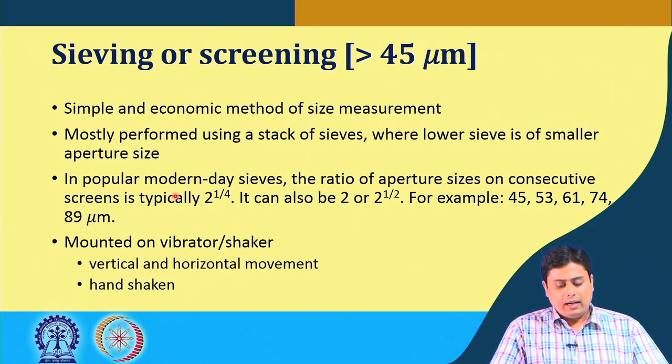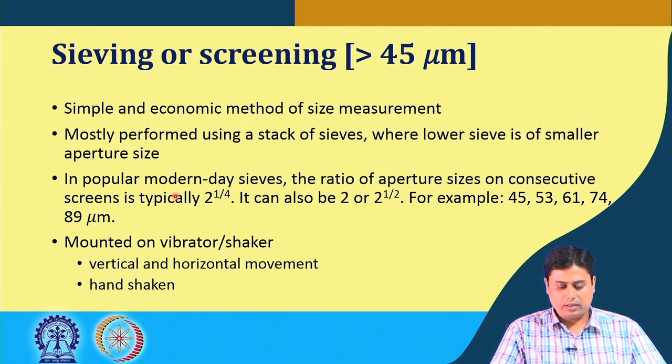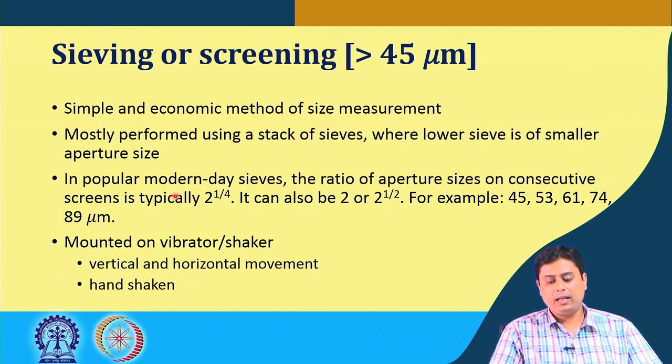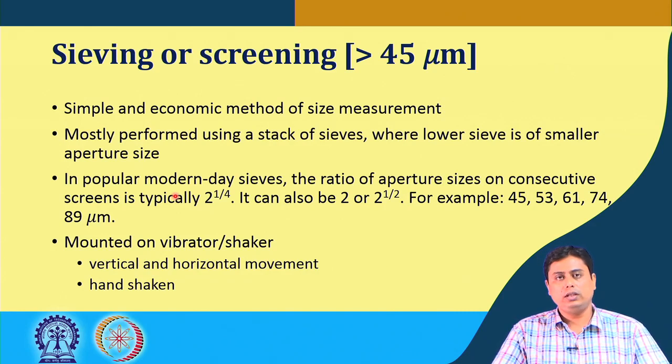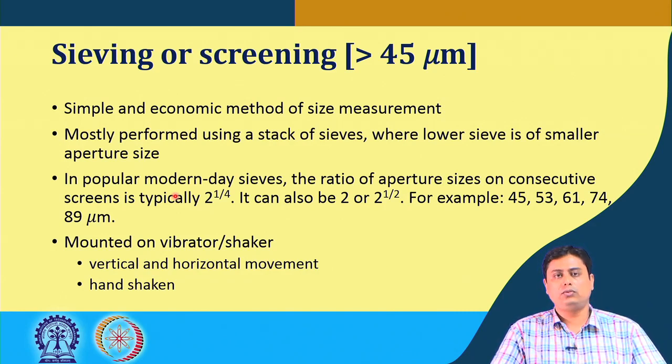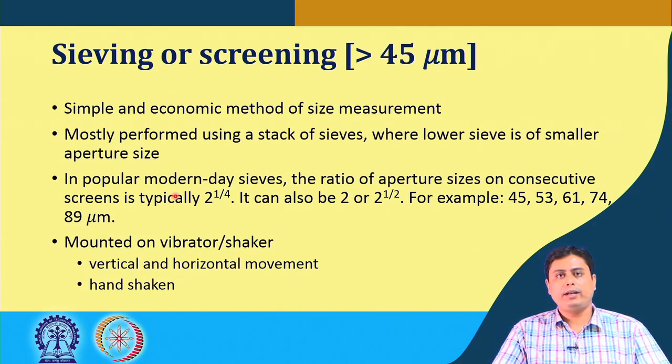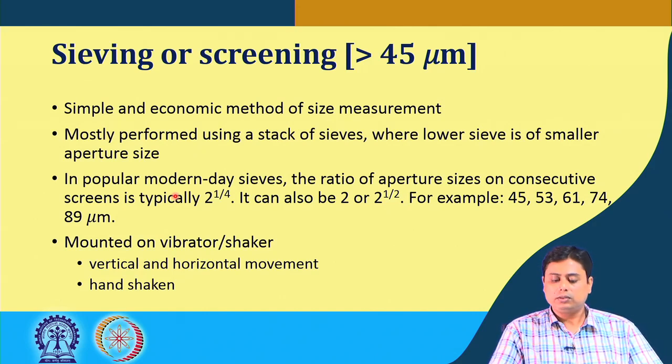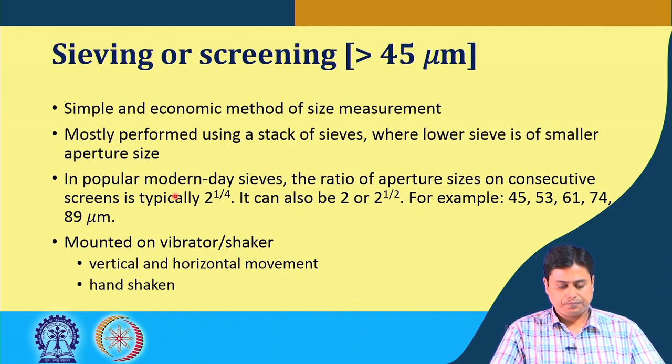There are several standards available, like the US standard, British standard, Indian standard. In these cases, as I have mentioned here, the typical aperture ratio is the fourth root of 2, but when it was initially implemented, there were also examples where the ratio could be 2 or square root of 2.